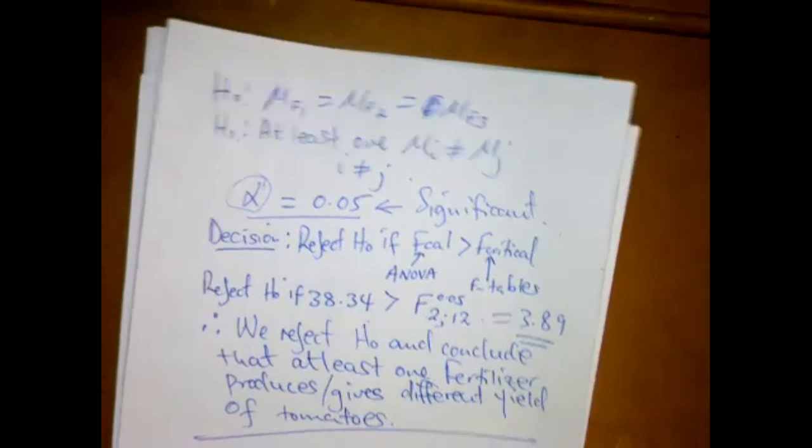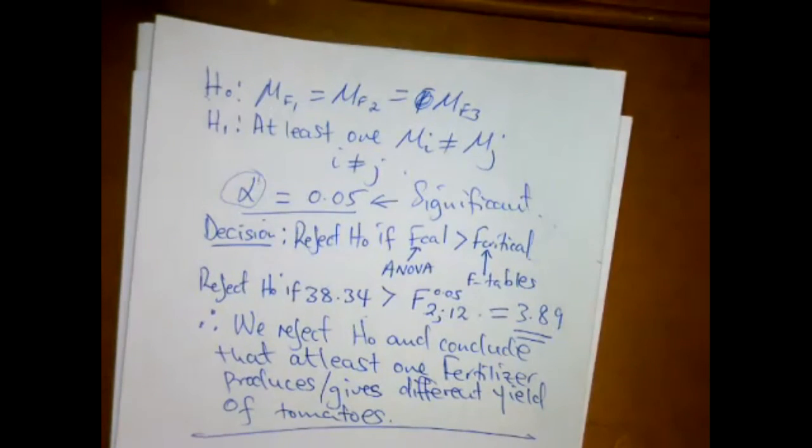Ladies and gentlemen, I want us to take note that when we have concluded like this, you can't go to a farmer and say, no, the fertilizers are different. The farmer does not want to hear that. What the farmer wants to hear is, which fertilizer should I use? So in the next video, I'm going to answer that question. Which fertilizer? Because you need to recommend the best fertilizer.